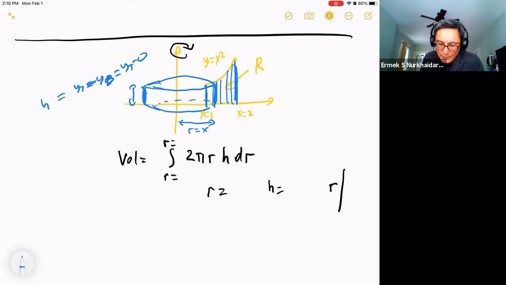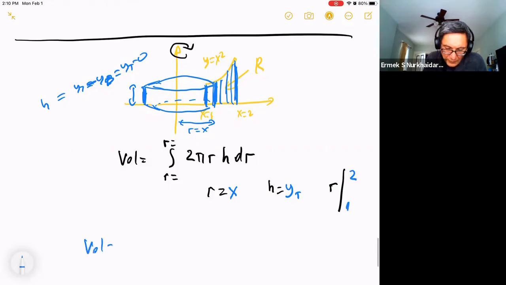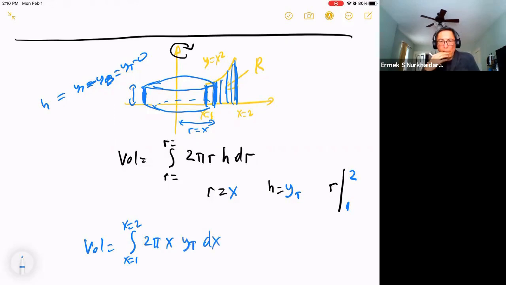Okay. So the radius is x. The height is y top, or just y, because we don't have much else. And we start making our stripes at x equals 1 and finish at x equals 2. So we're going to get volume equals the integral from x equals 1 to x equals 2 of 2 pi x times y top dx.